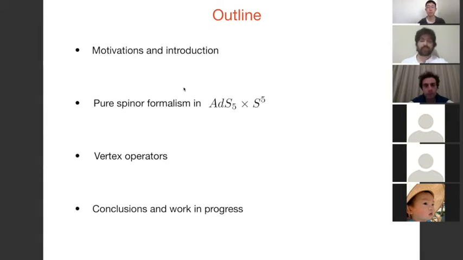I will say something about general backgrounds, because I believe some of the techniques can be applied to other backgrounds as well, but then I will focus on AdS5×S5. Then I will explain the construction of the vertex operators. And in the very end, I will conclude and mention some work in progress.